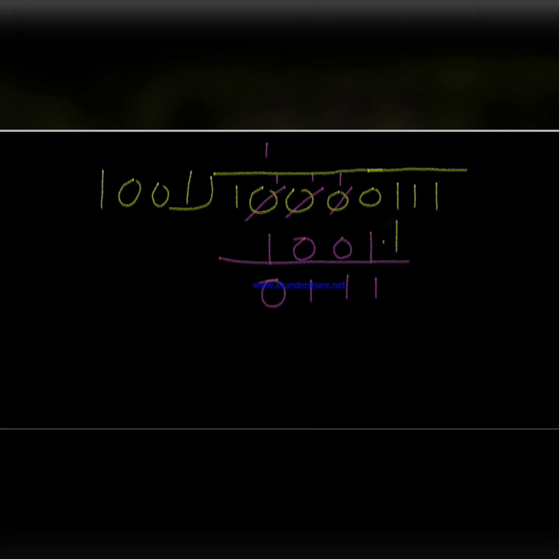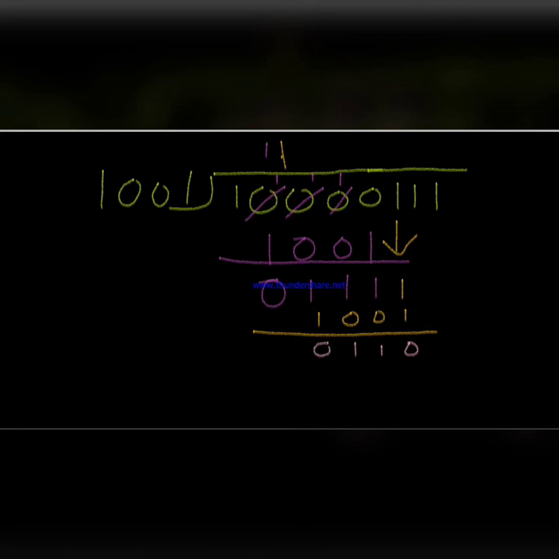Next, take one more digit down. Here it becomes 1. So now, again, multiply it with 1. 1, 0, 0, 1. 1 minus 1, 0. 1 minus 0, 1. 1 minus 0, 1. And 1 minus 1 is 0.